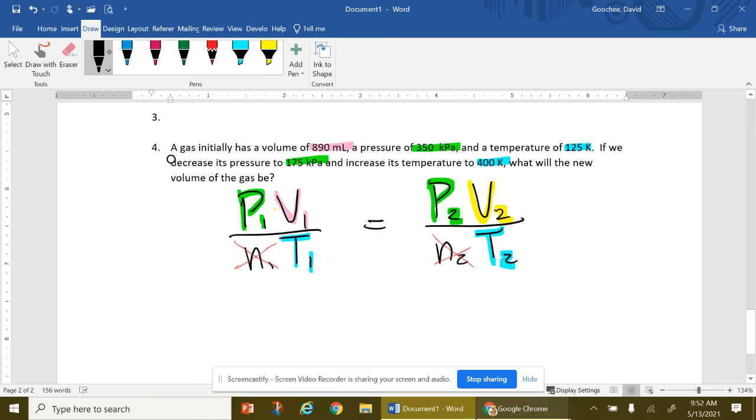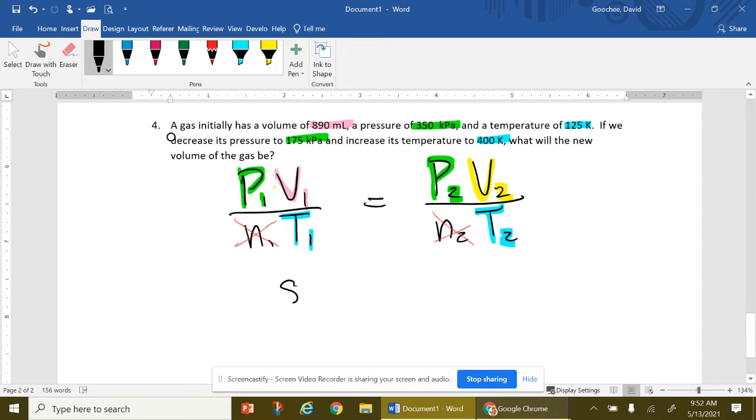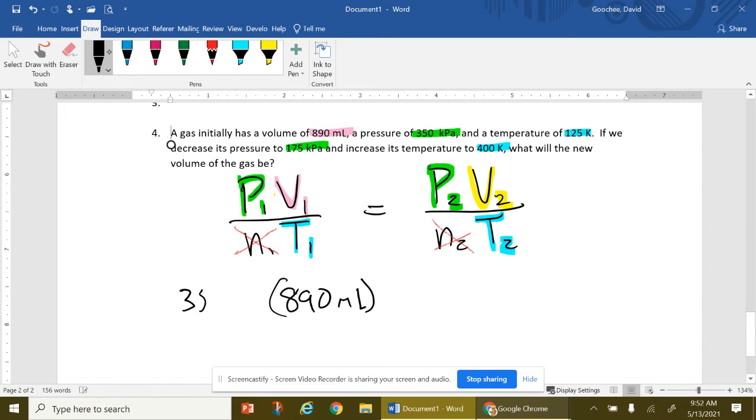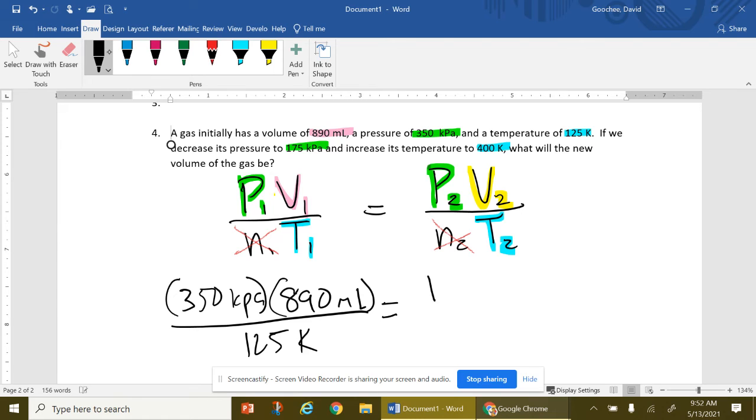Okay, so the initial volume, 890 milliliters. The initial pressure, 350 kPa. And the initial temperature is 125 Kelvin. We are going to decrease the pressure to 175 kPa.